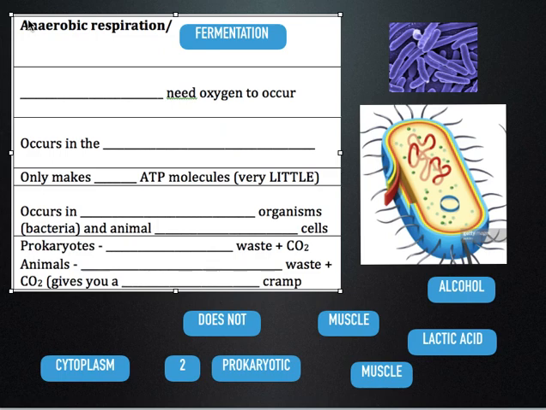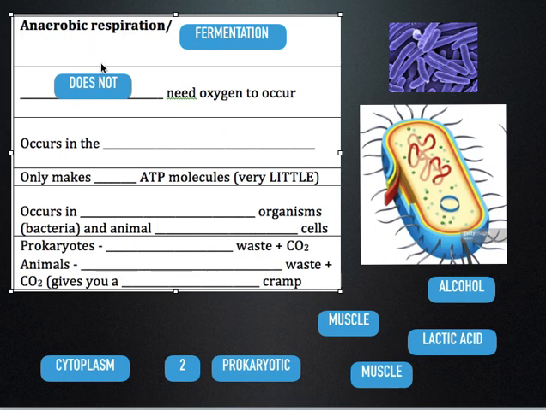That's where you're basically doing enough exercise to where you have to breathe fast. So aerobic means oxygen. The prefix "an" in front of aerobic means not. So anaerobic respiration does not need oxygen to occur. So you're going to write the "does not." So literally what this phrase means is no oxygen breathing. Anaerobic respiration, no oxygen breathing.